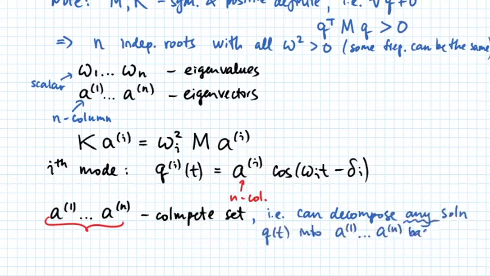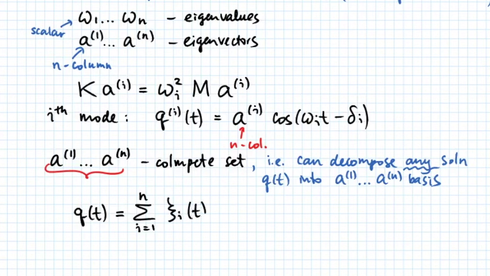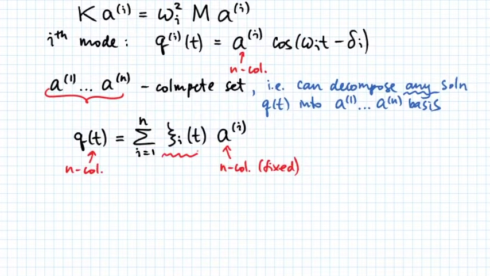In other words, general solution Q of t can be written as a sum of coefficients psi, which will be a function of time, times time-independent columns Ai. The coefficients psi are known as normal coordinates, which oscillate independently from one another.